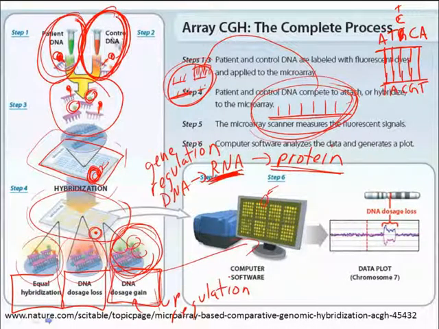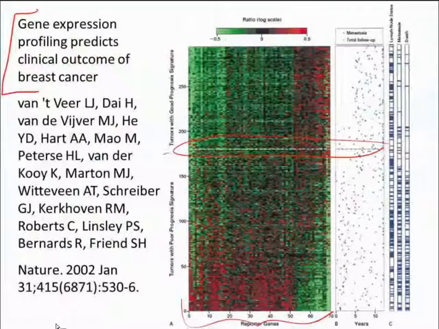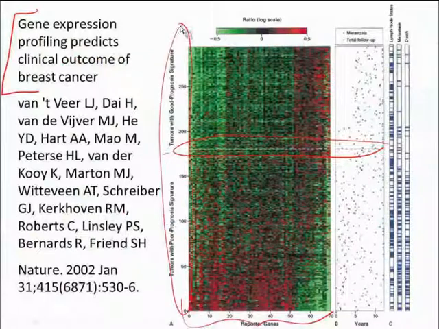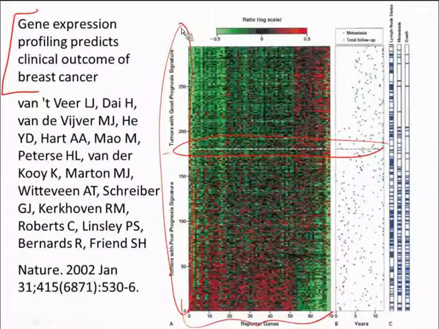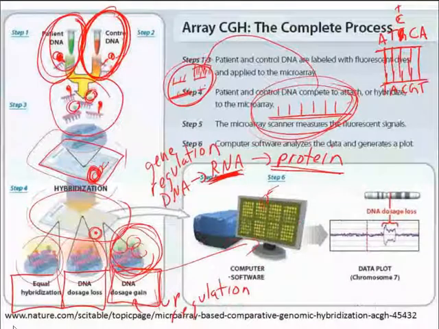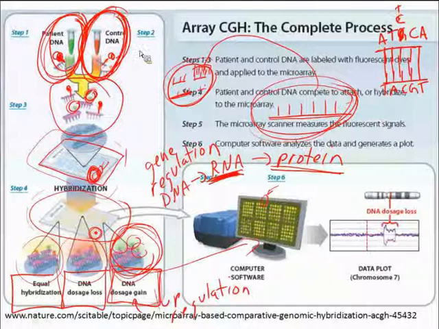In the case of this paper, what they did is they took all their tumor cells from all the different patients, mixed it together, and that became the control. So patient 1 was competing against the average of all the different patients.